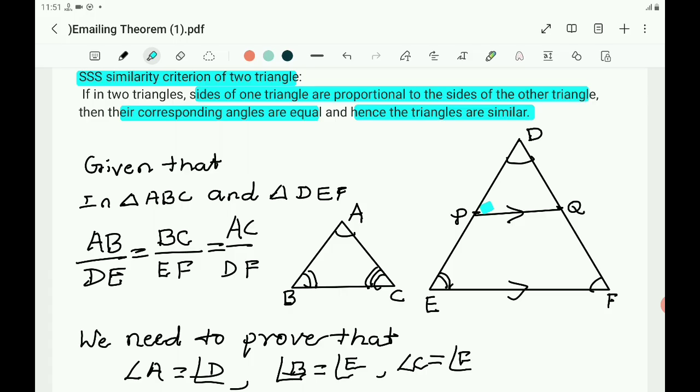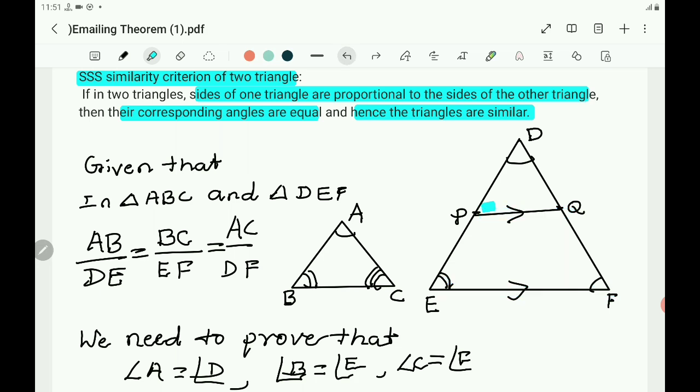Therefore, you can say that angle DPQ is equals to angle DEF. Here angle DPQ and angle DEF is one pair of corresponding angles made by the transversal DE of parallel lines PQ and EF. Therefore, they must be equal.